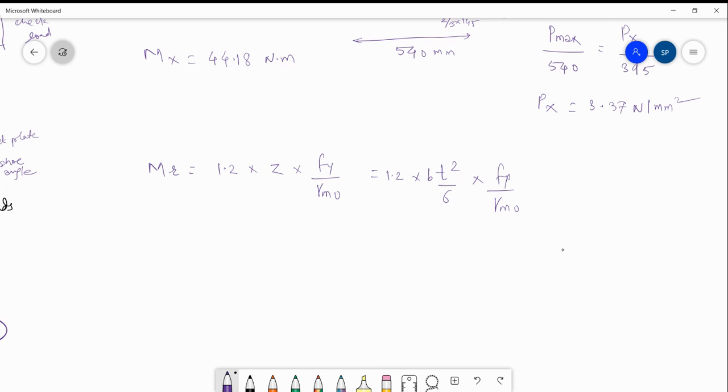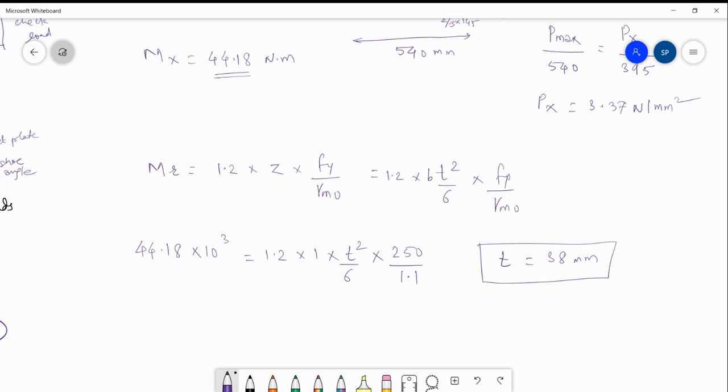So moment of resistance we will equate with external bending moment because of upward pressure, 44.18 into 10 raised to 3. This is equal to 1.2 into unit width 1 into T, that itself we have to calculate, by 6 into 250 upon gamma m0 1.1. After simplifying this, T comes out to be approximately 38 mm.